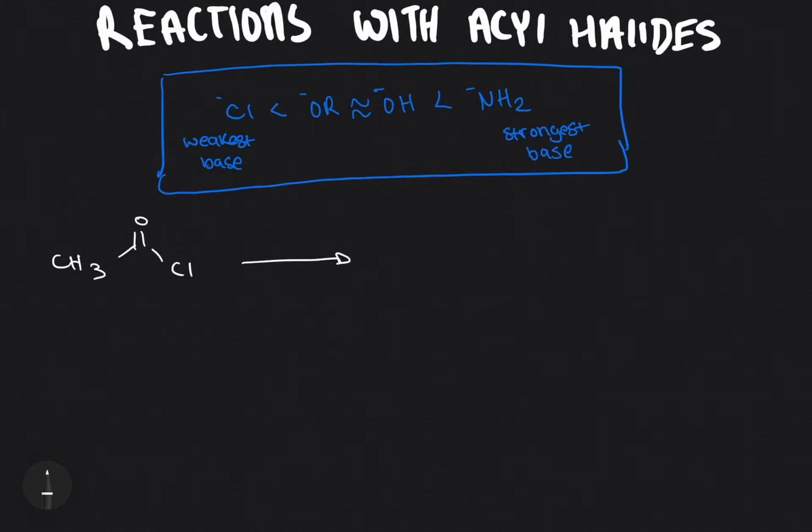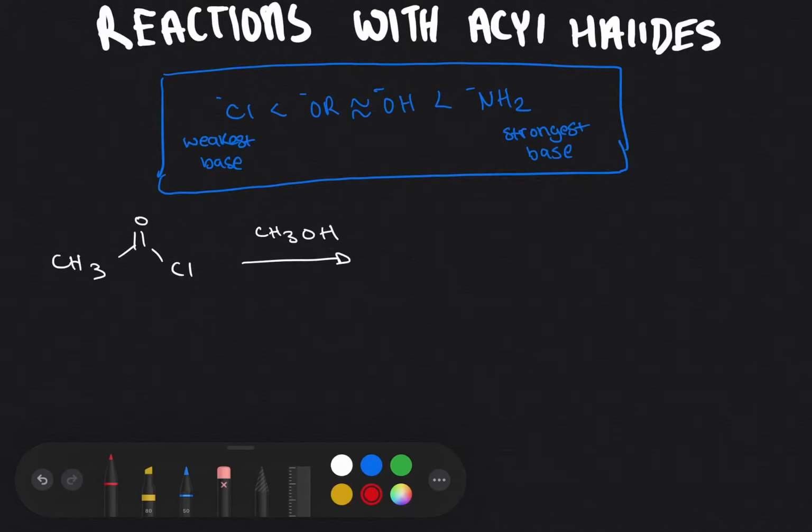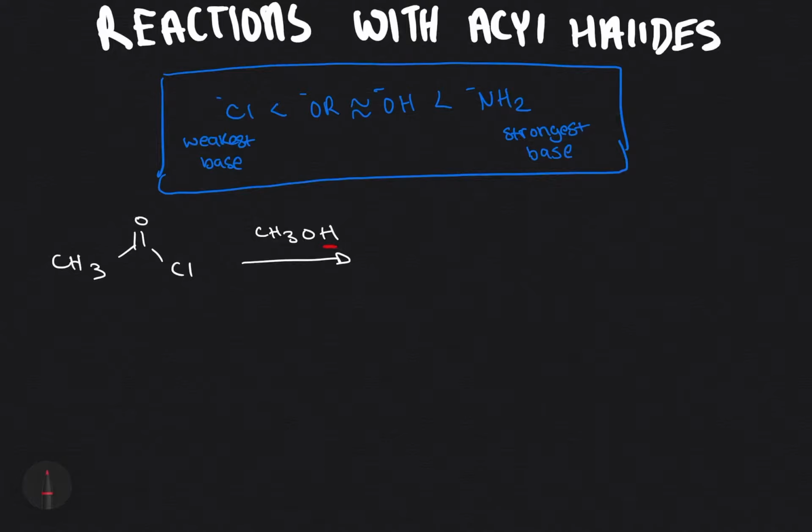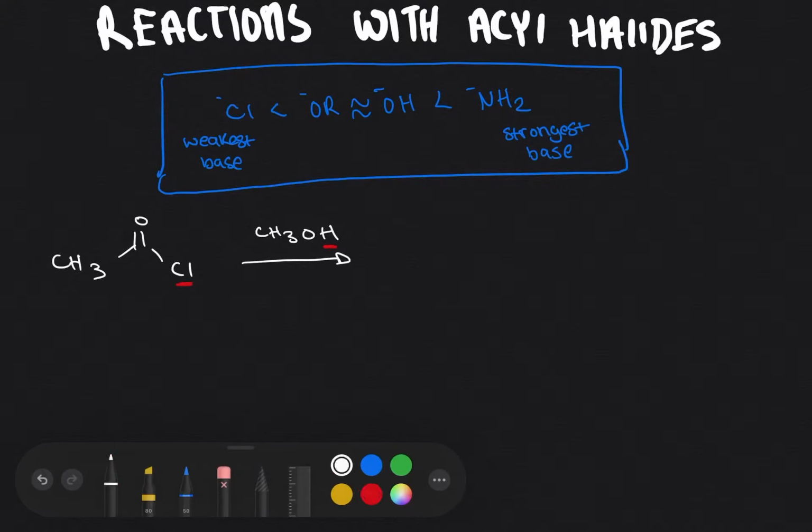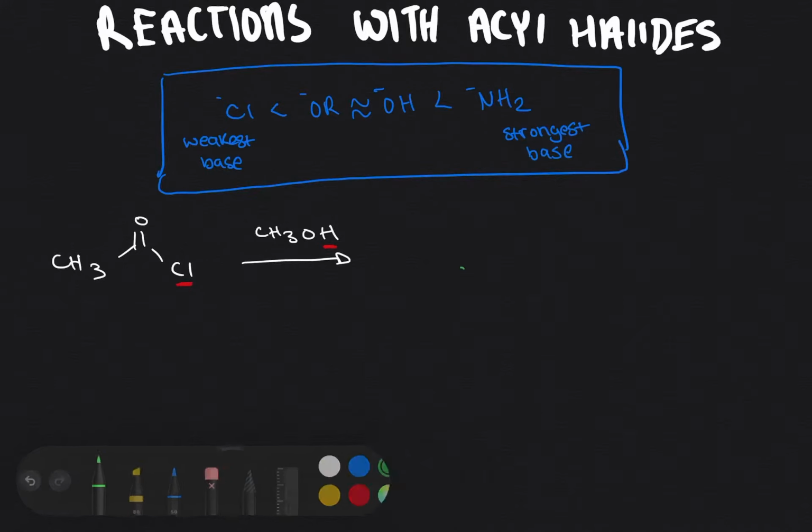Say we're reacting this with our ethanol chloride with our methanol. Okay, let's do exactly what we just said. We're going to lose this hydrogen here, and chlorine is going to leave. Our end product would look like this.